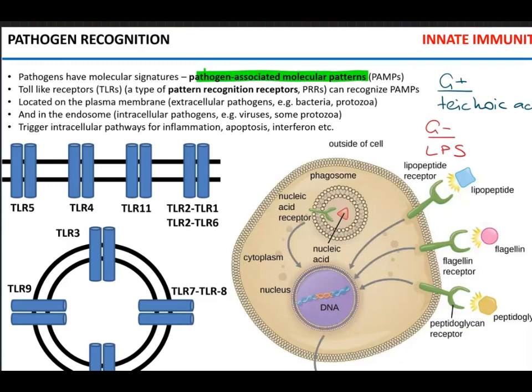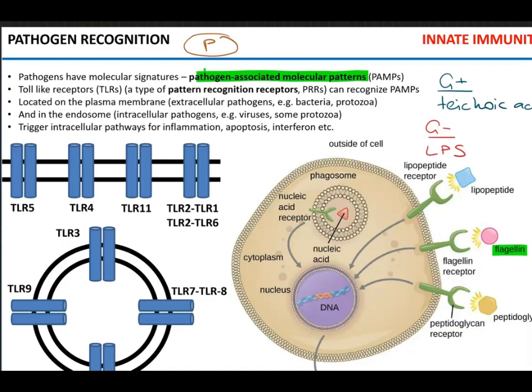Okay, so, for instance, some bacteria have flagellum. One of the key proteins, flagellin. Pattern. Some viruses, many viruses actually, have RNA genomes. Having an RNA genome, pattern. So I want you to process this: pathogen-associated molecular patterns, or PAMPs.